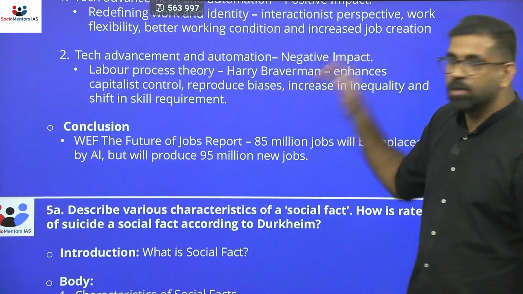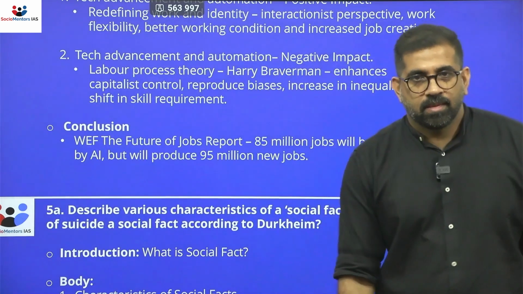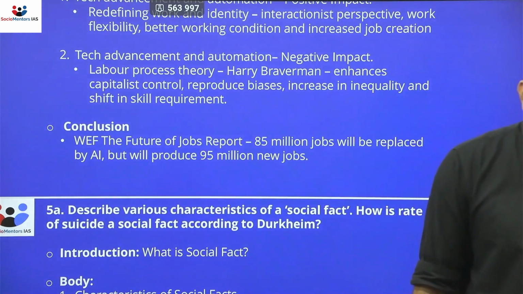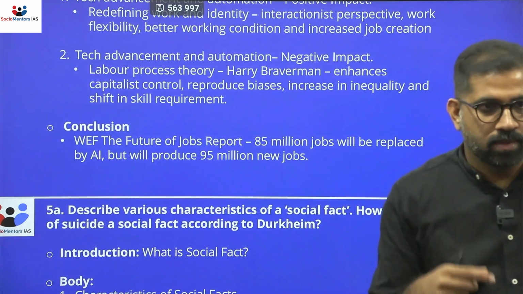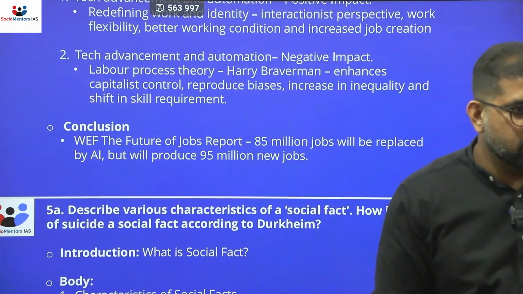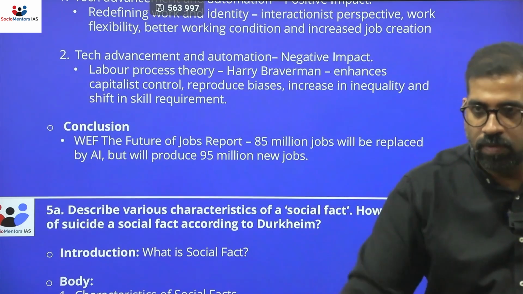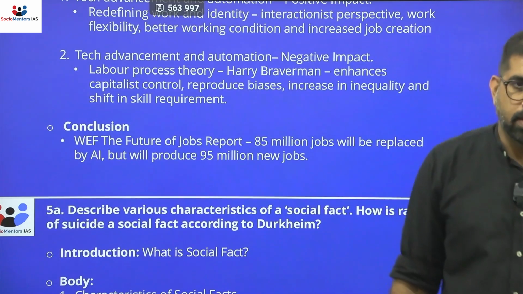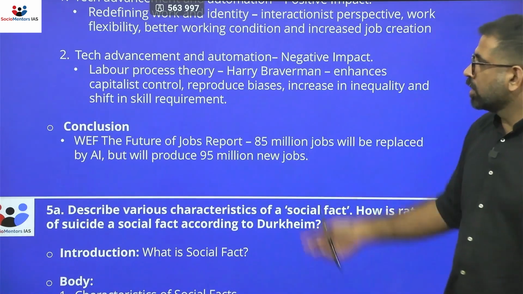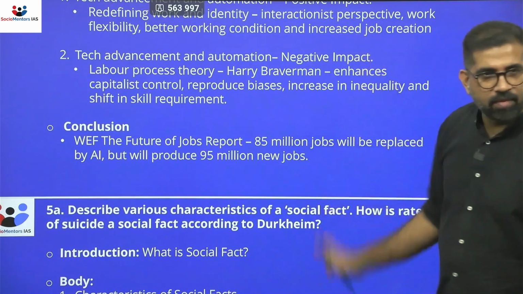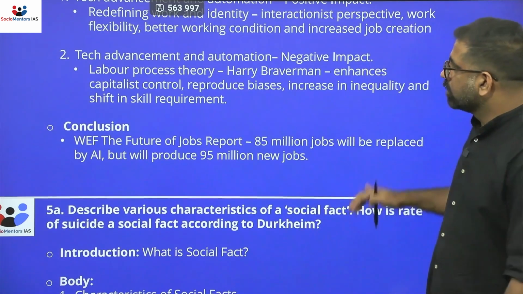Then, it reproduces biases. When technology is used more, it will reproduce bias because existing gender, caste and class biases will be transferred to the system, and that will further reinforce structural inequalities. Likewise, you can mention the negative points as well.